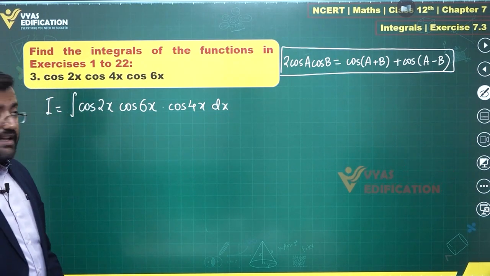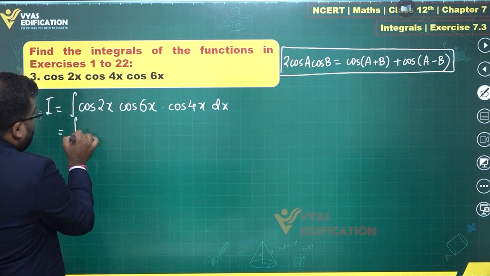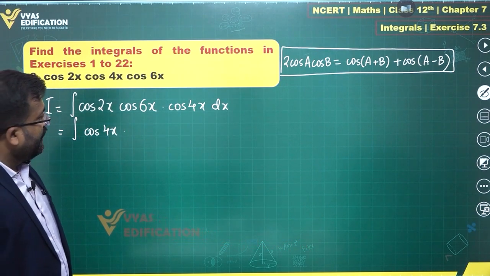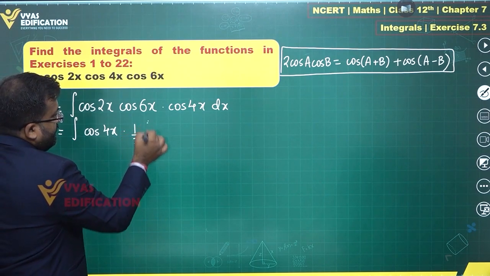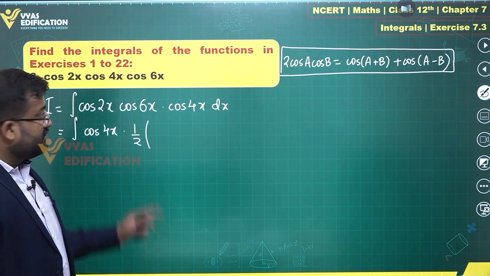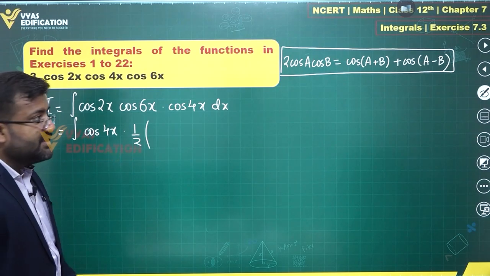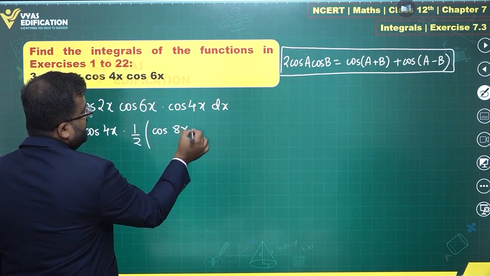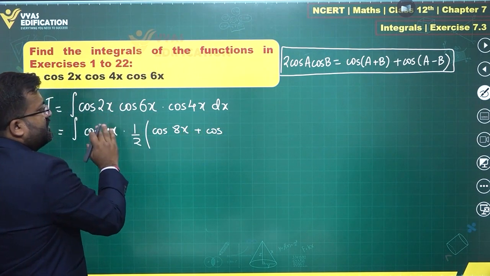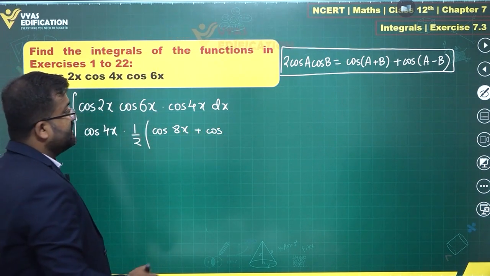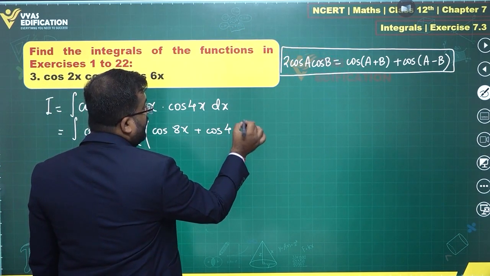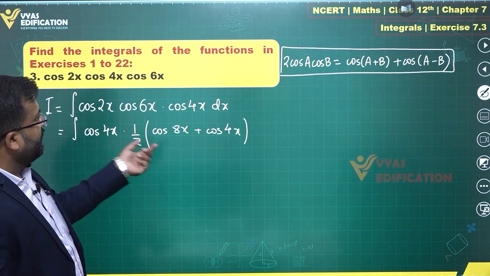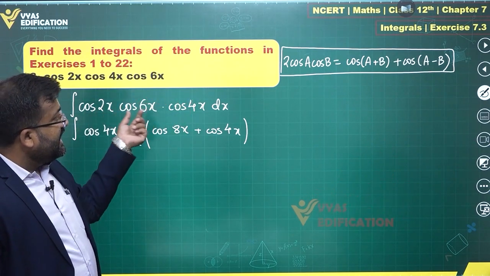Once you have this, cos 4x will remain as it is, and you can write the remaining as half of cos of A plus B, which is cos of 6x plus 2x, that is 8x, plus cos of A minus B. Now 6x and 2x can be subtracted. This is 4x. Oh, you could have written minus 4x as well. Yes, I could have written minus 4x as well because 2x is written before. So you can take A as 2x, B as 6x.